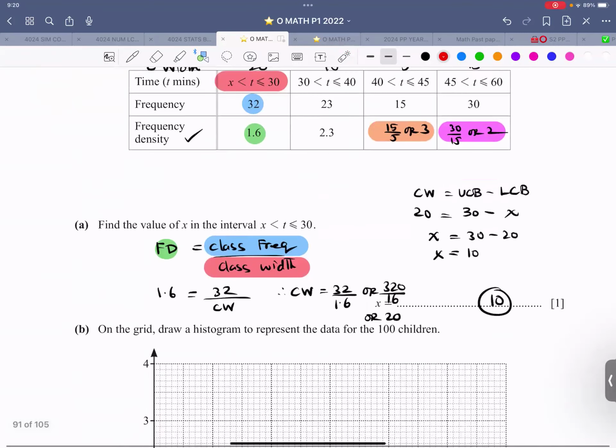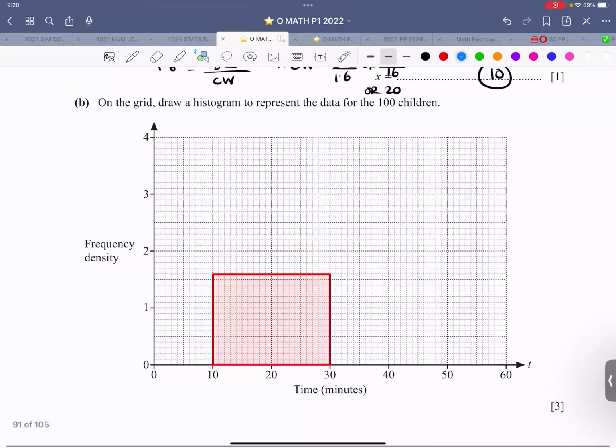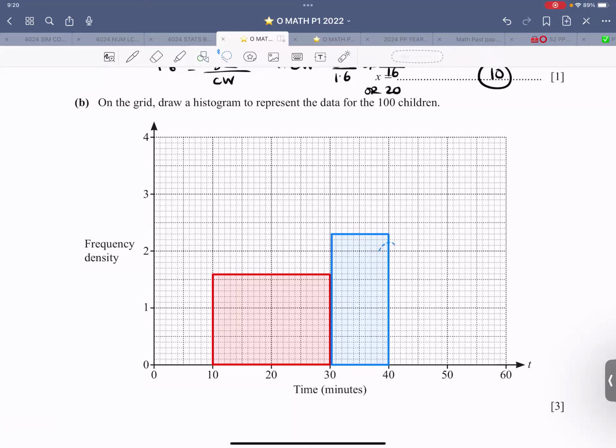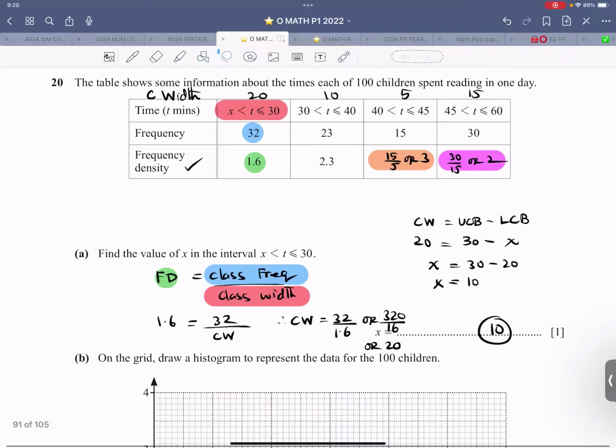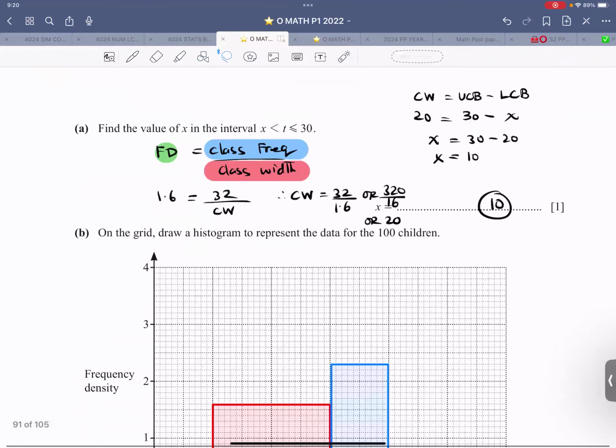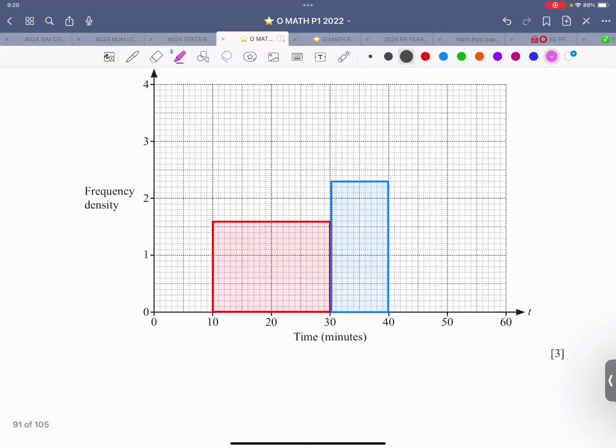Then 2.3, 30 to 40. Okay, that's the next one. And I can just shift it a little bit over here. Okay, that's good enough. Okay, the next one is what? 3, 40 to 45. Height is 3, 40 to 45.